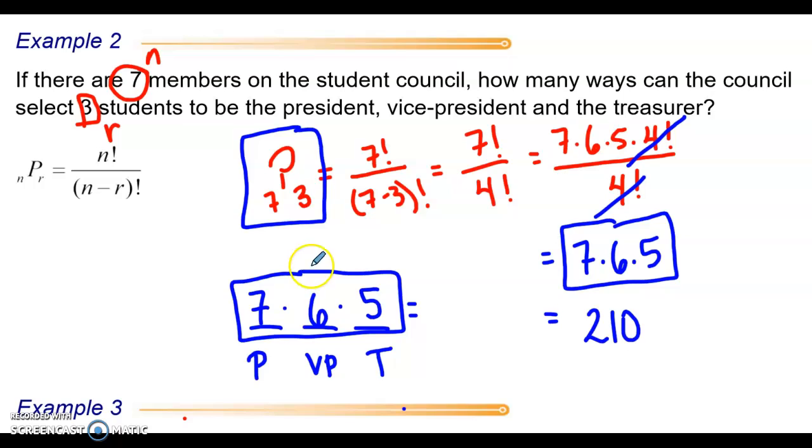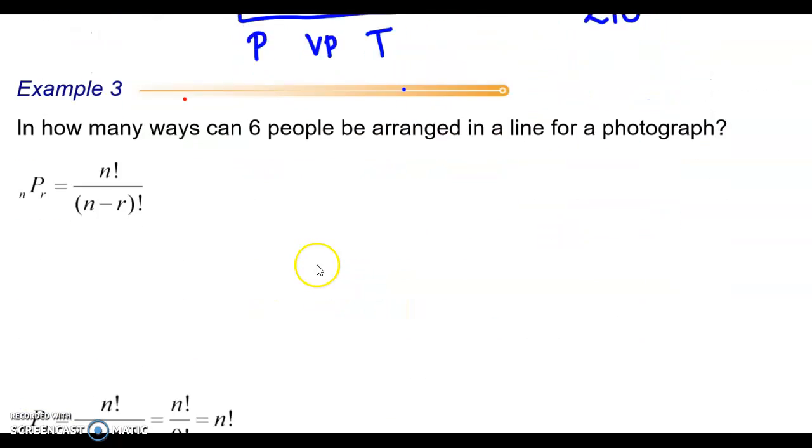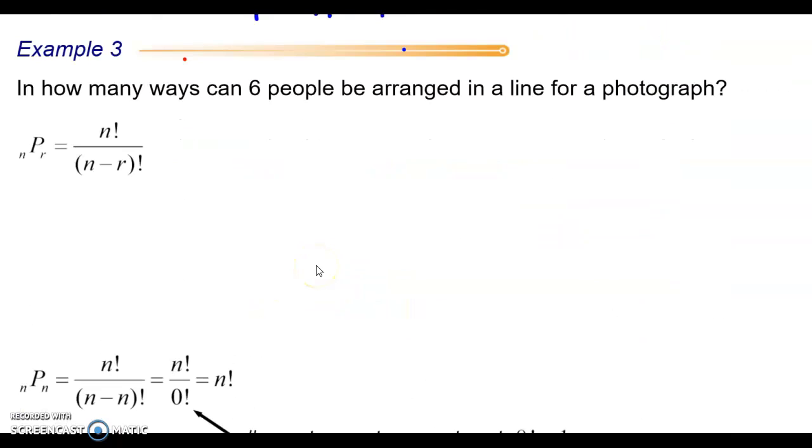Just to continue with example 3, the one above, we had 7 people and we wanted just a subset of that number. In example 3, we have 6 people and we want to arrange all of those people in a line for a photograph. So in this particular example, the N and the R are both 6.